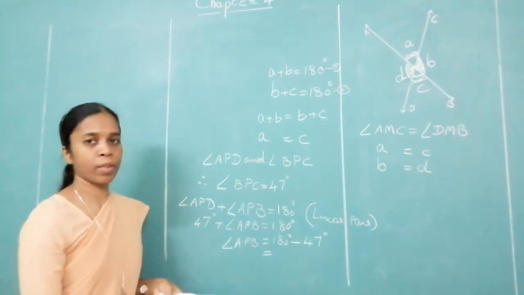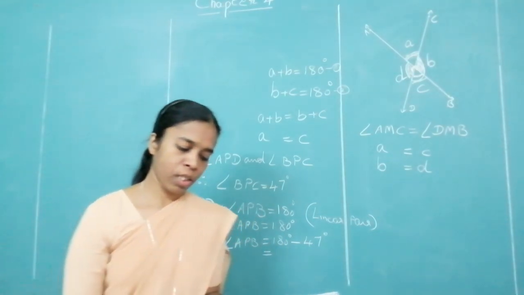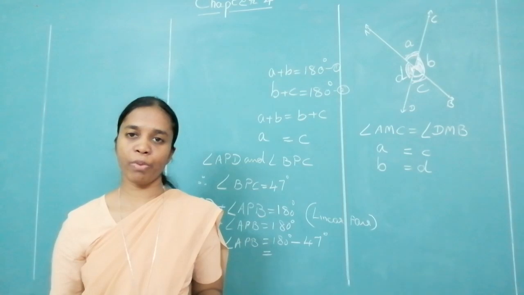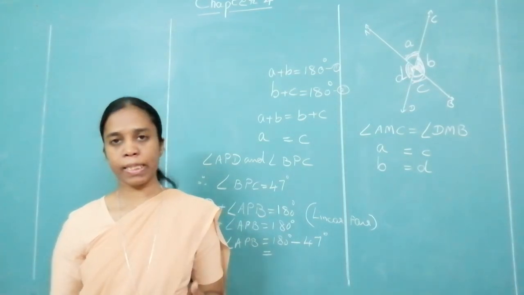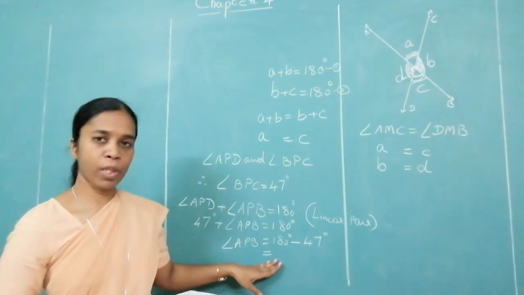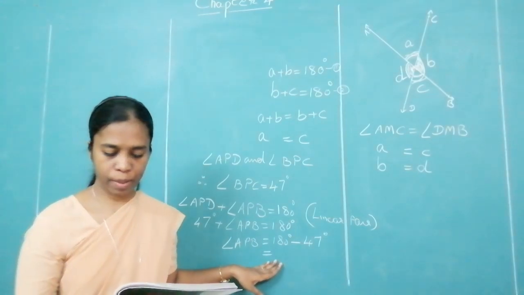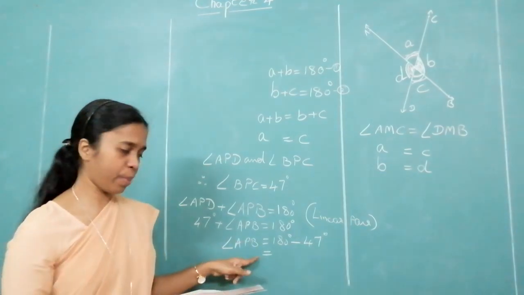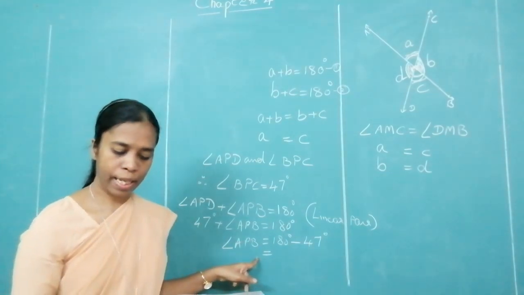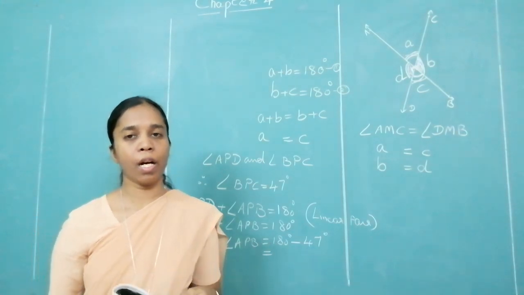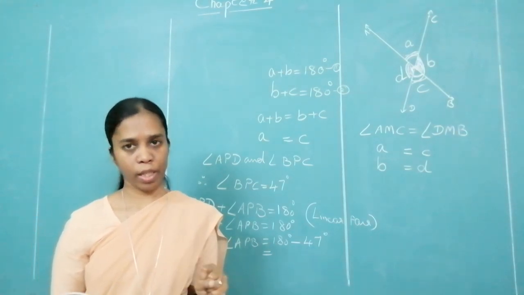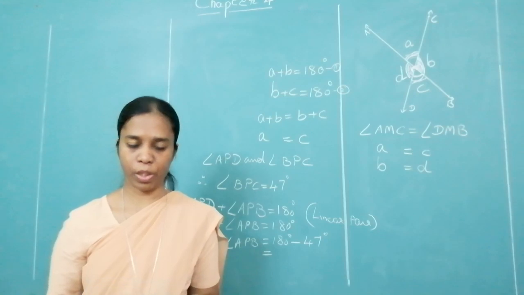See how much you get. Once you get that, you check the opposite angle of it. That is angle CPD. So once you get this measure, then you write the next step. Angle APB and angle CPD are vertically opposite angles. Therefore, you write the measure.